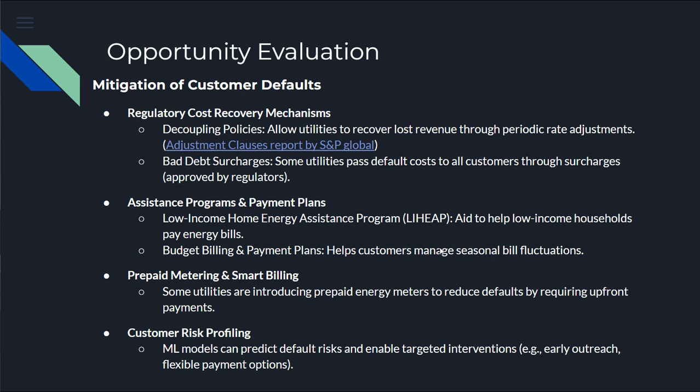And prepaid metering and smart billing. Some utilities are introducing prepaid energy meters to reduce defaults by requiring upfront payment, so that customers will be using within the limit allotted to them.